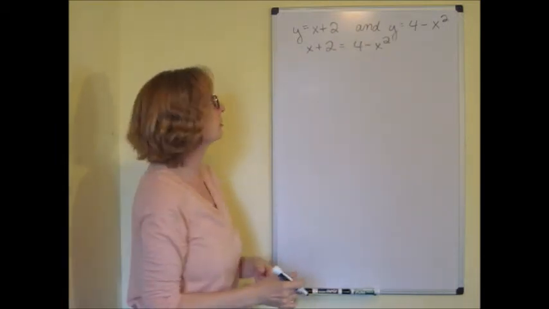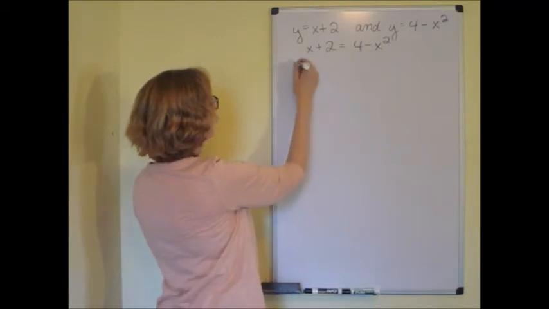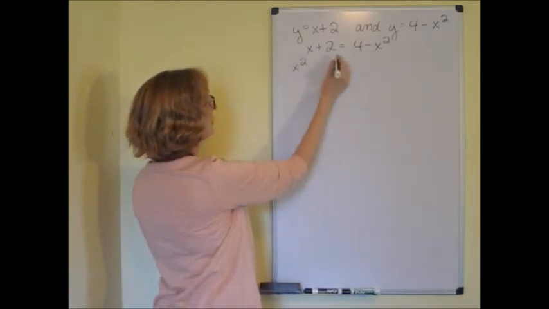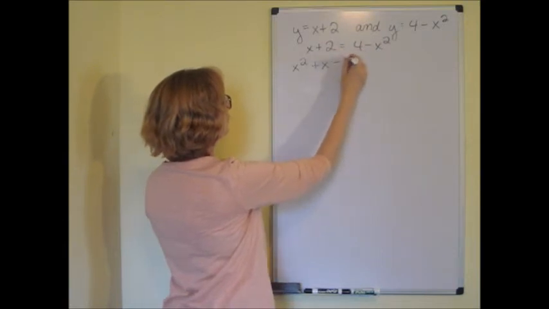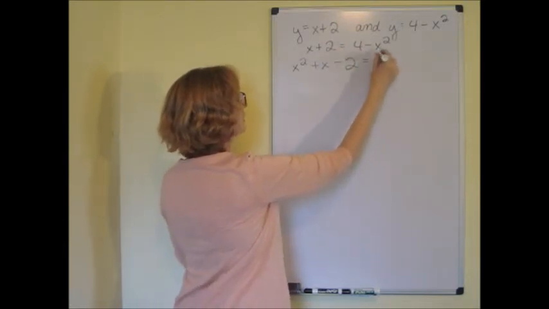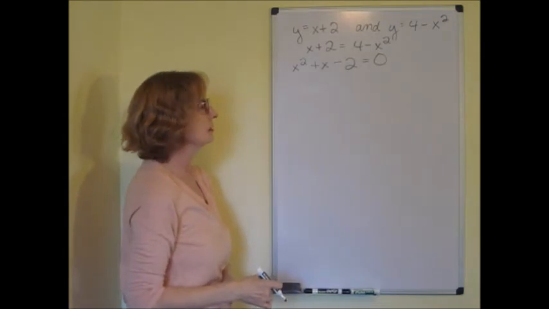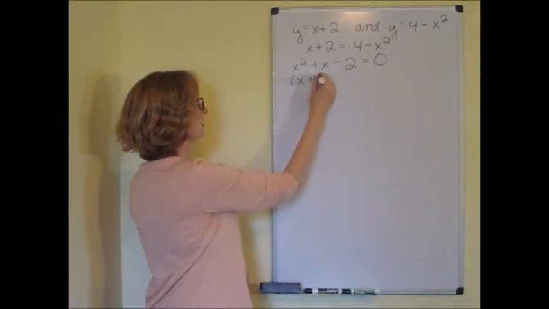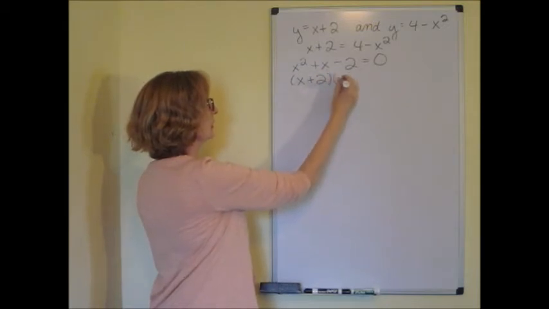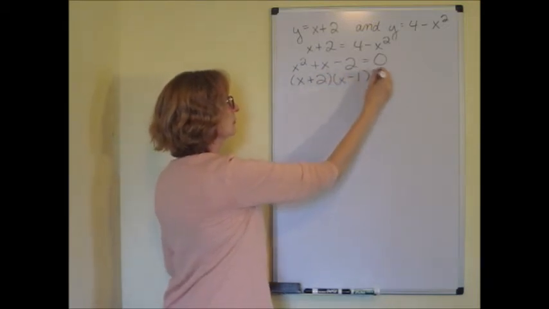Let's set it to 0. And add x squared and subtract 4, so that'll give me a minus 2 equaling my 0. Factor. That's an x plus 2 times an x minus 1.